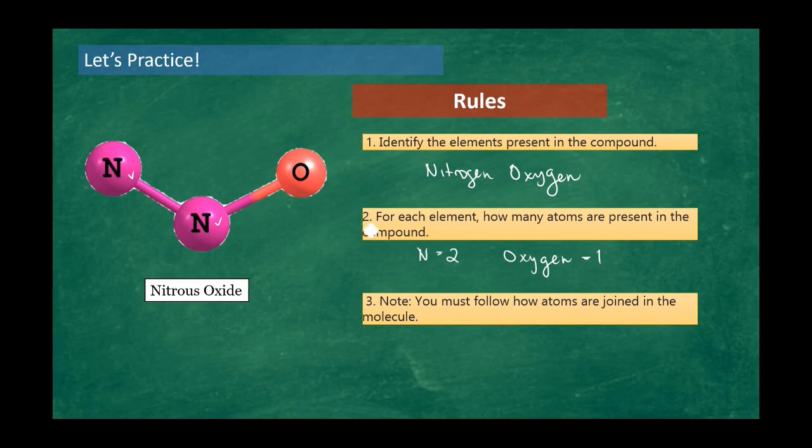So how will we write it? The main attachment is the nitrogen. Nitrogen, N2, as we have 2 atoms of nitrogen, and then oxygen, O, of which we have 1 atom. So this is the molecular formula of nitrous oxide, N2O.